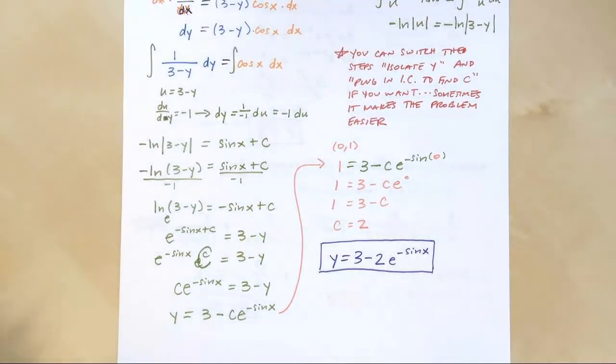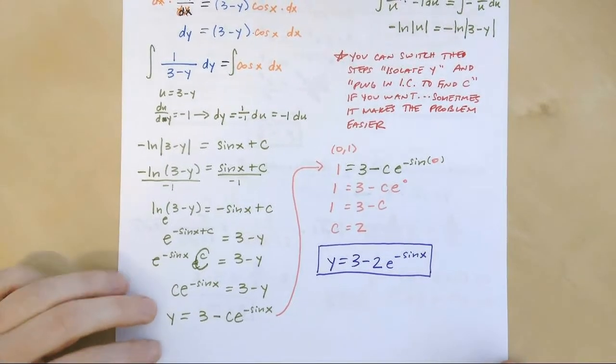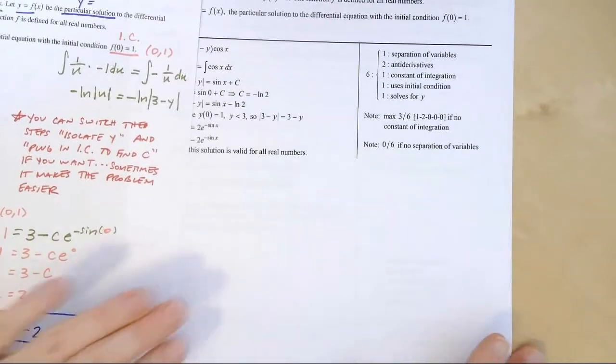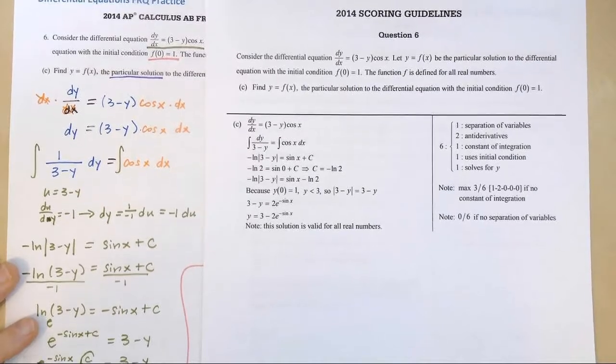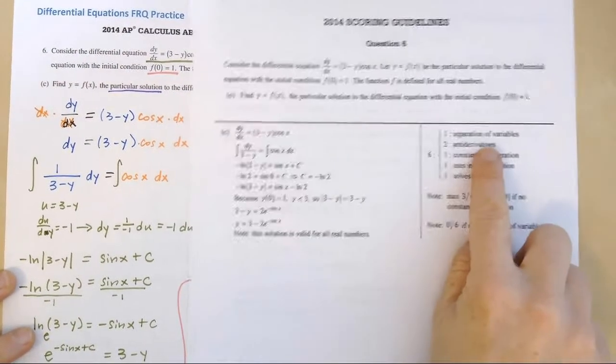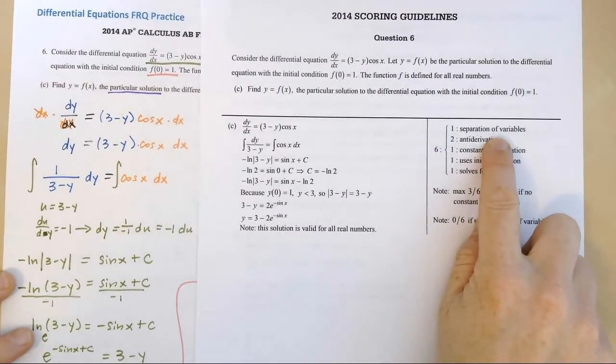Okay, really quickly, let's go through how the points were distributed, and you can see how many points you got on this diffie Q. Okay, so let me get these side by side. The first step was to separate. If you correctly did separation of variables, you get a point.